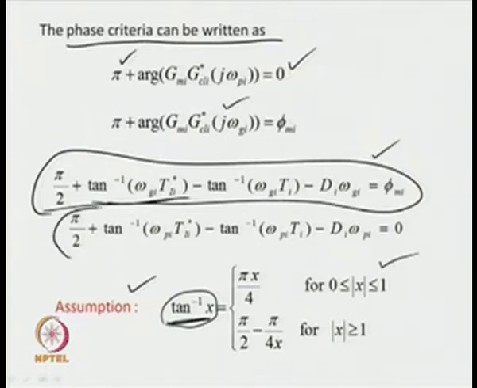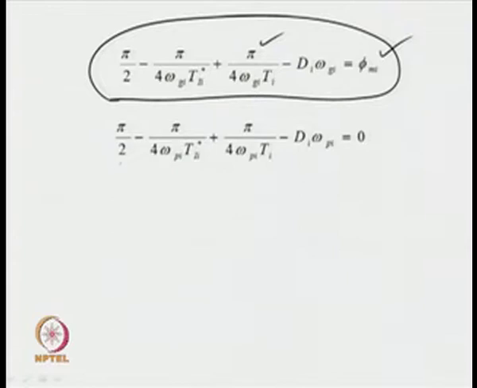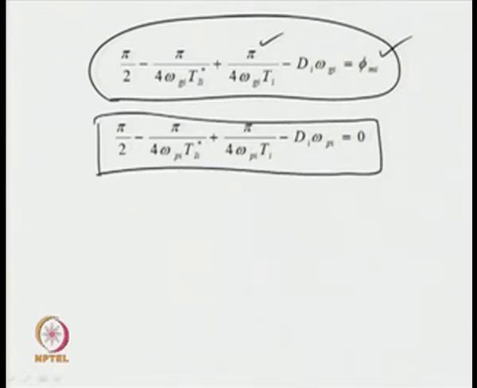Similarly, for the second nonlinear equation, with the use of this assumption, the nonlinear equation is obtained in the form of a linear one, not exactly a linear function, rather I can say the nonlinear function involving tan inverse has been simplified to a very simpler form, which gives us pi upon 2 minus pi upon 4 omega p_i T_i star plus pi upon 4 omega p_i T_i minus d_i omega p_i is equal to 0.